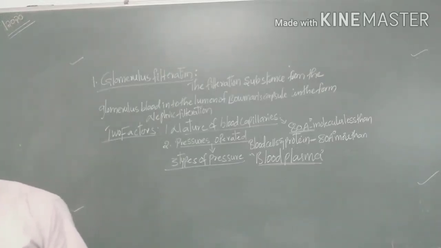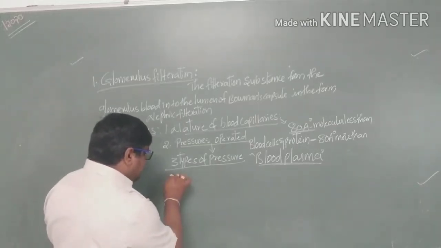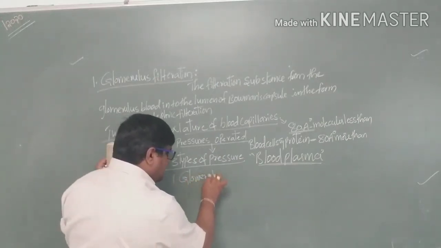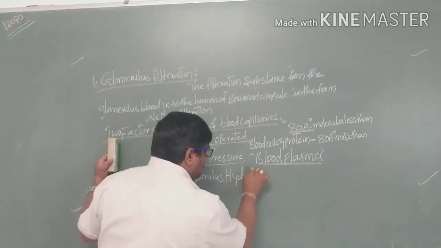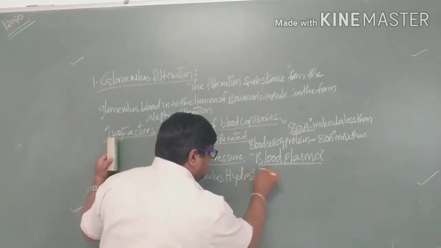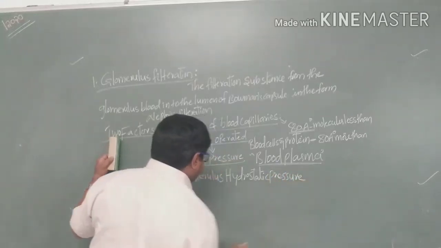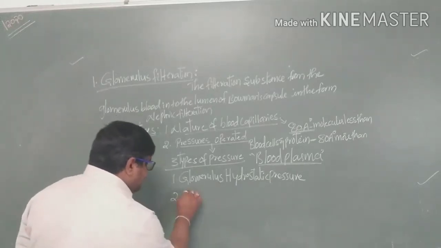The first one is the glomerular hydrostatic pressure, and the second one is the glomerular osmotic pressure.